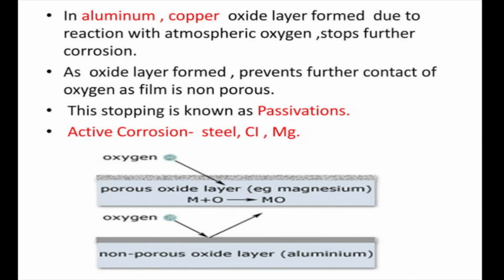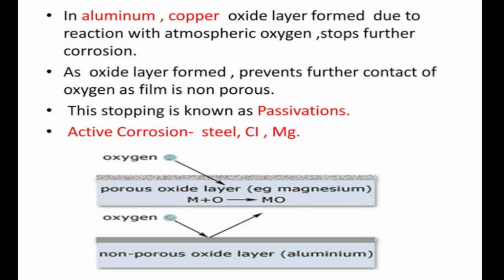Now active corrosion occurs in the case of steel, then magnesium, etc. When oxygen comes in contact with a porous oxide layer, like magnesium, it creates magnesium oxide, and with a non-porous layer like aluminium, it creates alumina, which is very hard, you know very well, and is an impenetrable type of material.